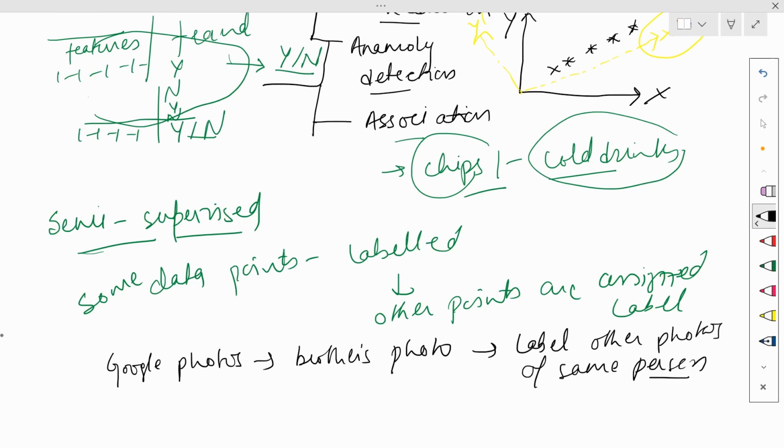That's how semi-supervised learning works. We have some data points which are labeled, and using that, we label the other data points where the label is not given. And then the algorithm will learn over those data points.